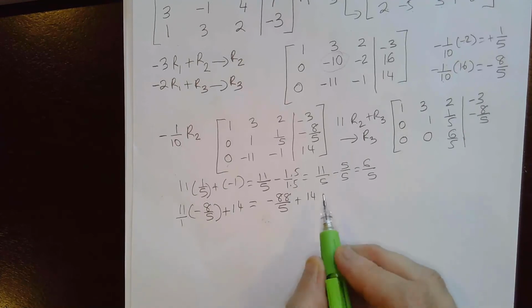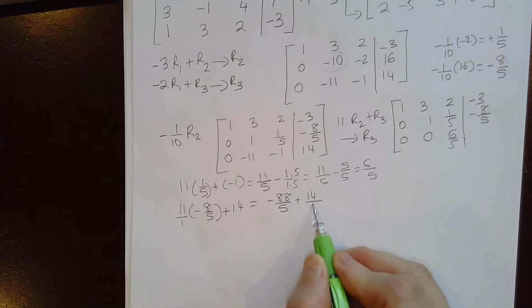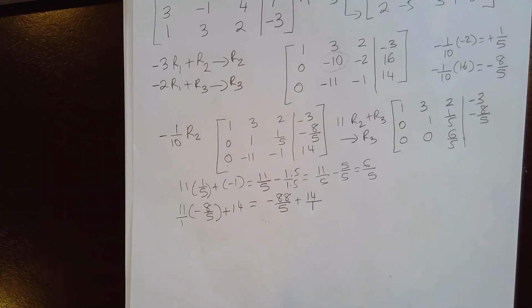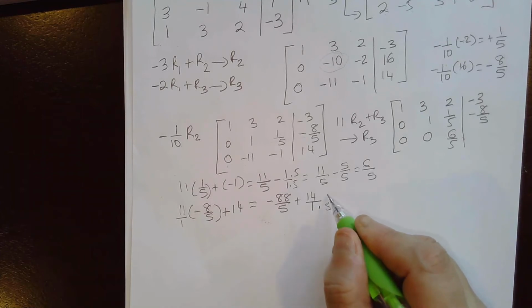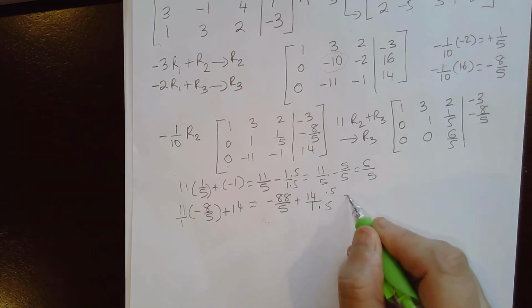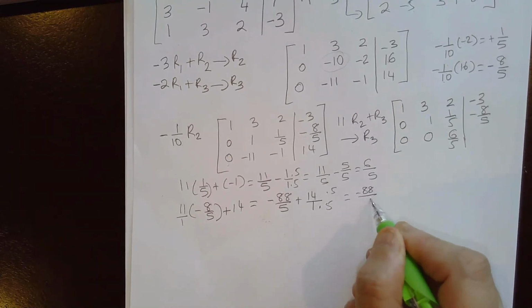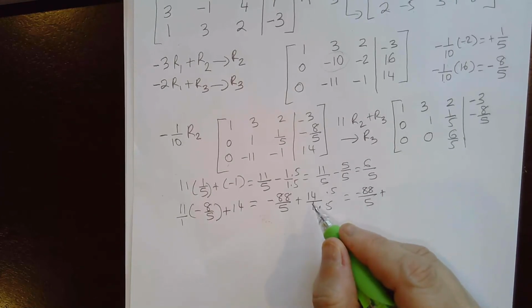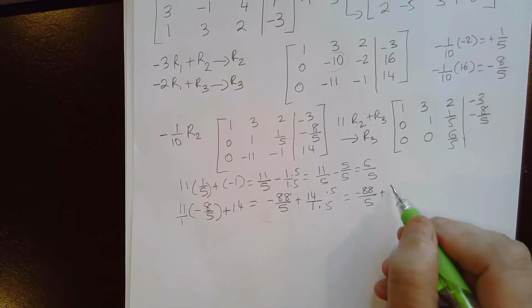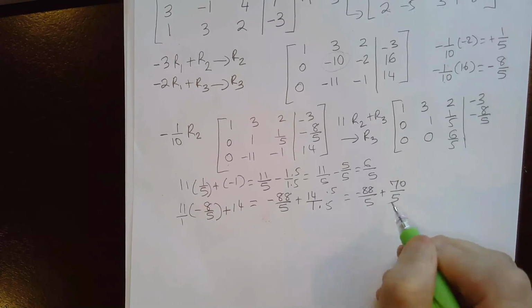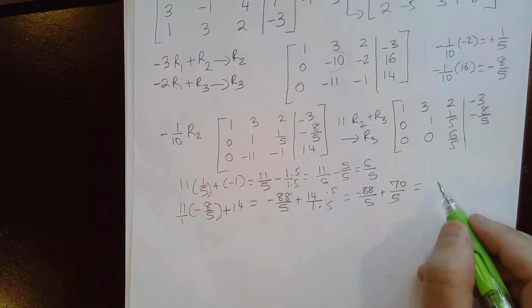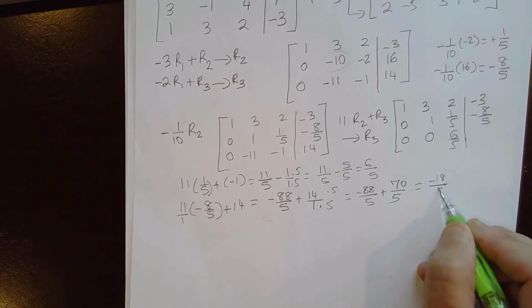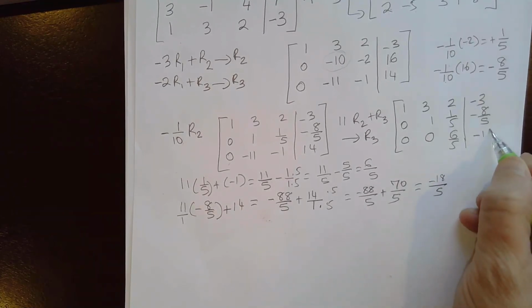Now we have fractions here. This is the same as 14 over 1. Okay, and now we multiply this one here by 5, this one here by 5. We get negative 88 over 5 plus, if you multiply 14 times 5, you get 70 over 5. We have the same denominator now. Negative 88 plus 70 will give us negative 18 over 5. So this is negative 18 over 5.